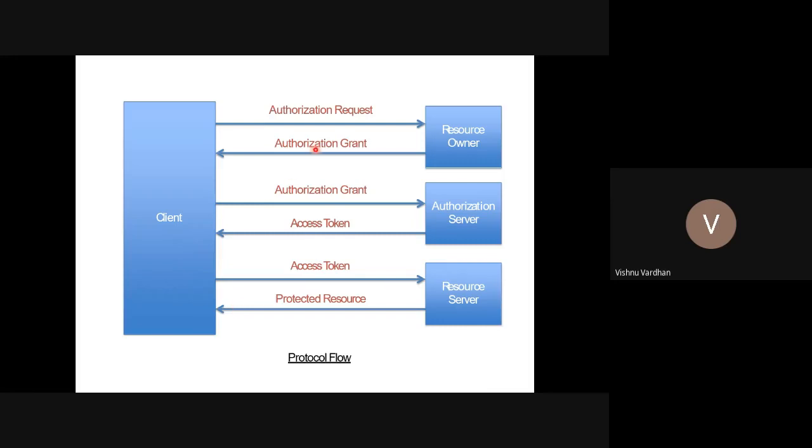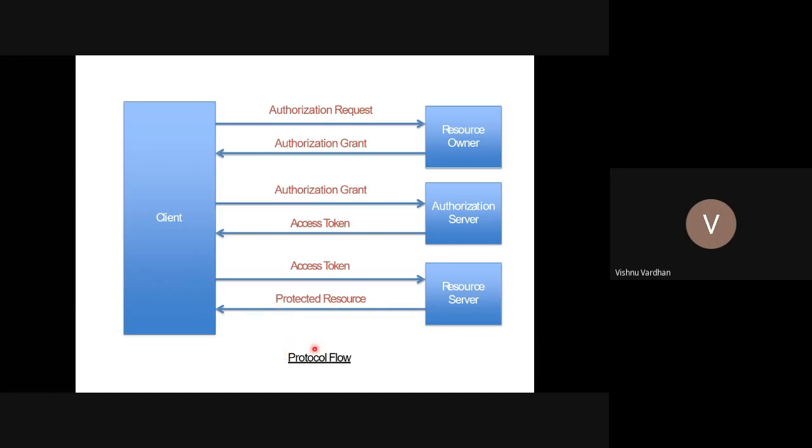So the resource server comes into the picture for the first time. The authorization server makes the verification, and as soon as it is done, the access tokens are released. After that, the client makes a new request to the resource server, and finally, if everything matches, the protected resource, be it media or anything else, will be released to the client.